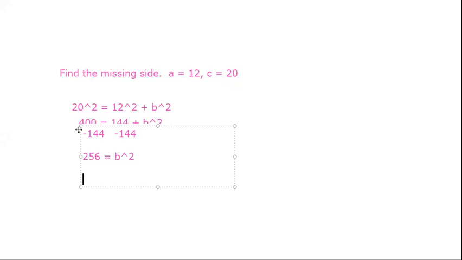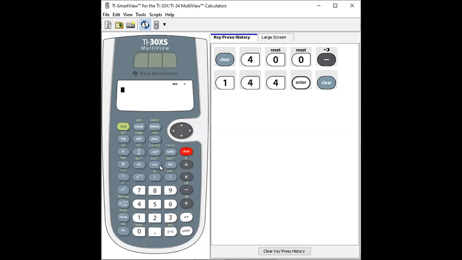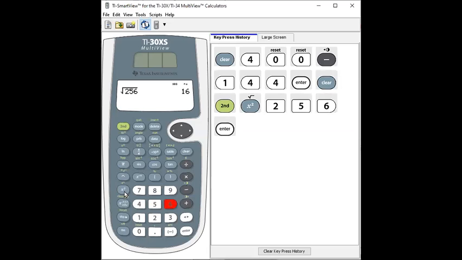Take the square root of both sides to finish solving that, to get rid of that exponent on the B. So B is whatever the square root of 256 is. Second, x squared key gets you that radical, 256.